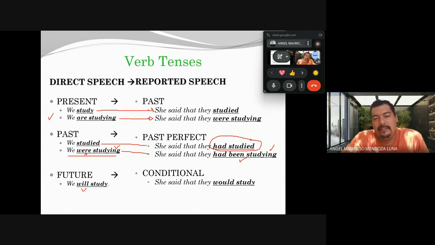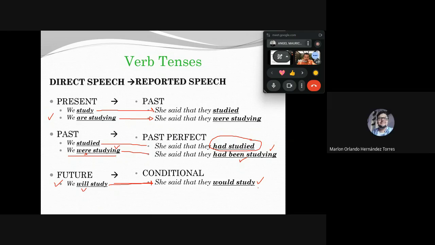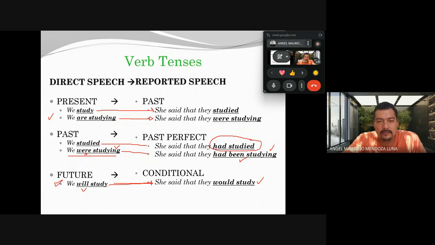I need someone to translate these two examples. This one and this one. Español, please. Just español.